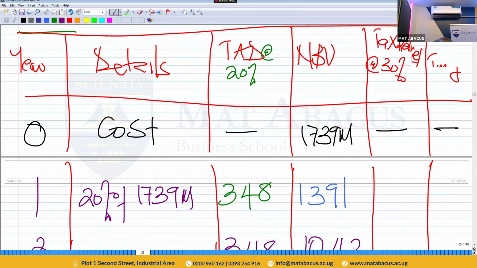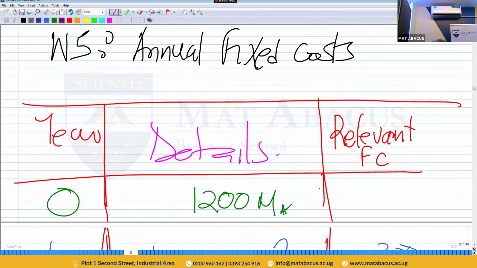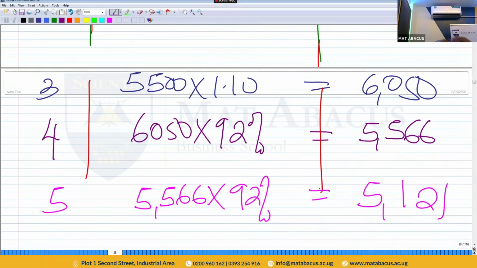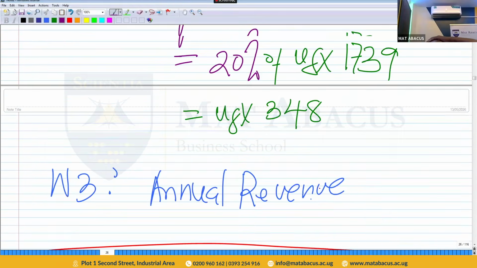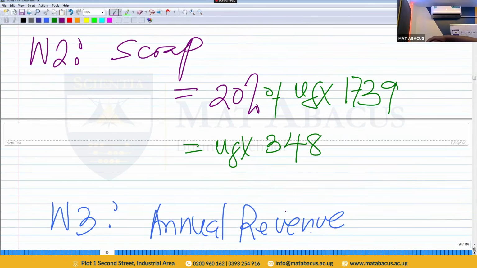We had scrap somewhere. Our scrap is 348.